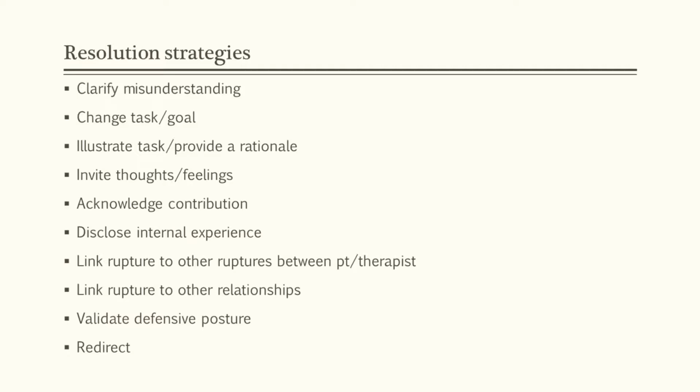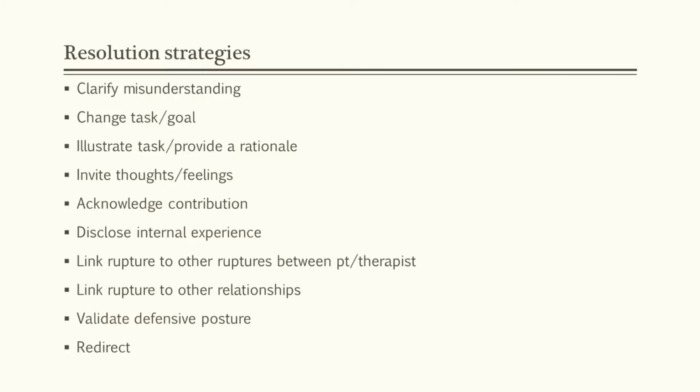Change task goal is when something's not working, and so the therapist changes the therapy task or changes the goal of therapy in response to the rupture. Maybe a patient complained about the task, and so the therapist modifies the task to satisfy the patient, or maybe the patient's just not engaged in the task, and so the therapist changes the task in an effort to engage a withdrawn patient.